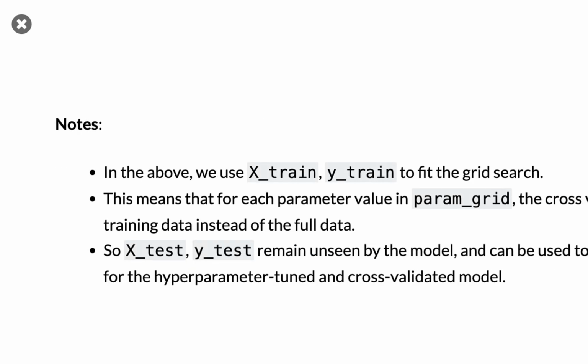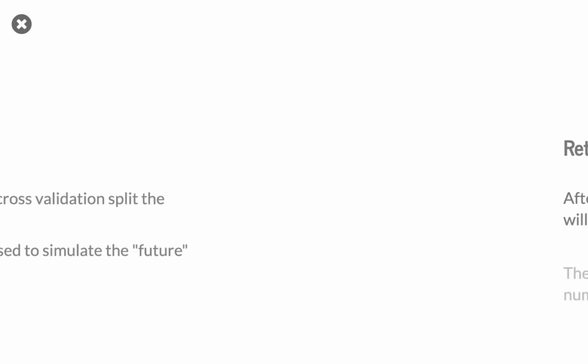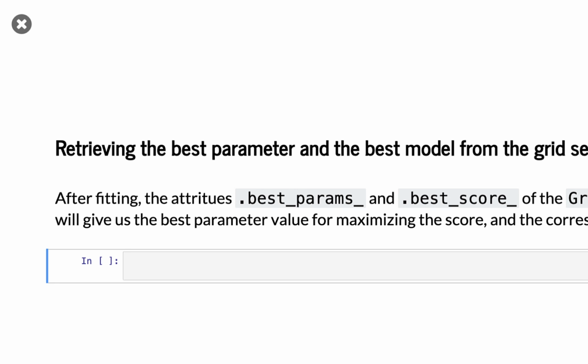Now, after the model is trained, all the information is contained in the trained grid search model. So, for example, we can easily retrieve the best parameter and also the best score. Every parameter corresponds to a particular performance score based on cross-validation.